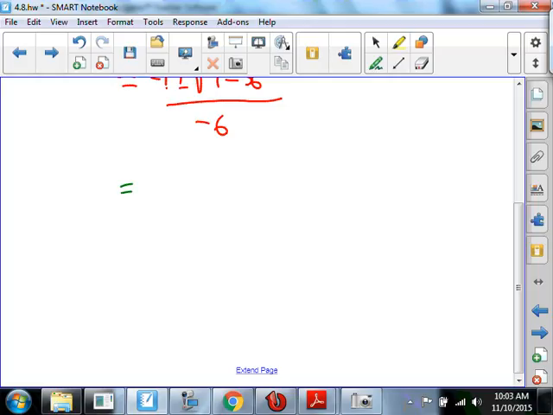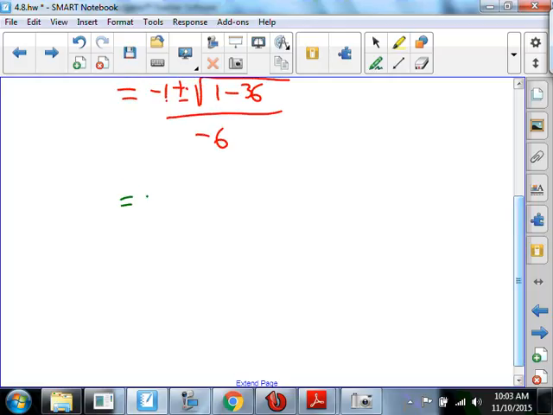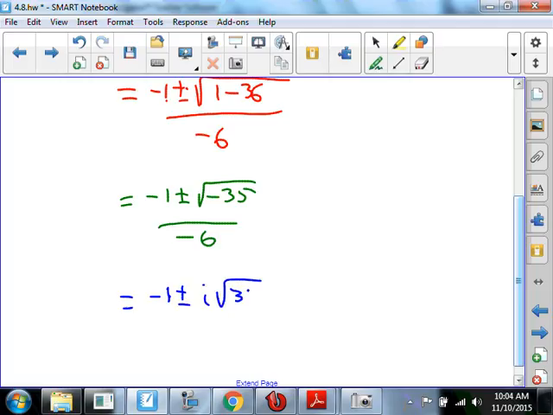So that's going to be negative 1 plus or minus the square root of negative 35 all over negative 6. So that's going to be negative 1 plus or minus i times the square root of 35, and that's all over 6, and it's a negative 6.